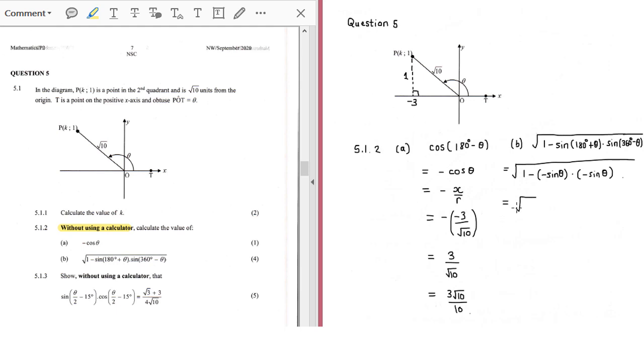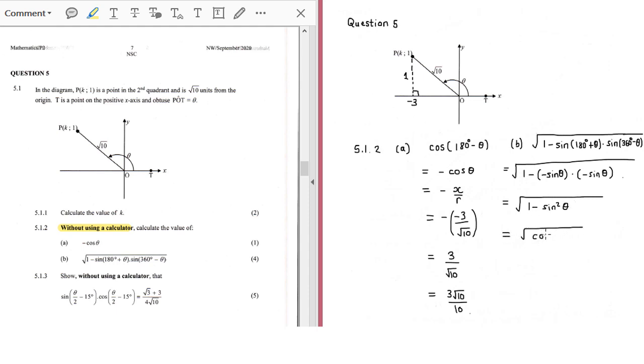If we carry on simplifying over here, we still have our 1 minus, and then we've got this product. So negative times negative is positive, and sine theta times sine theta is going to be sine squared of theta. We've all recognized this identity before.